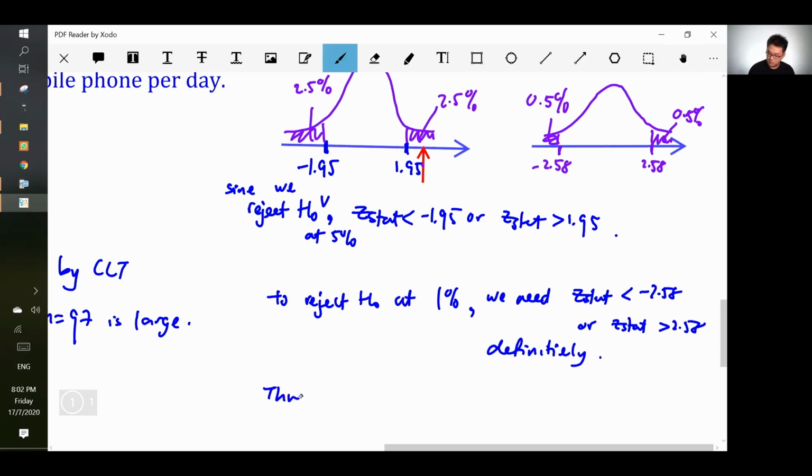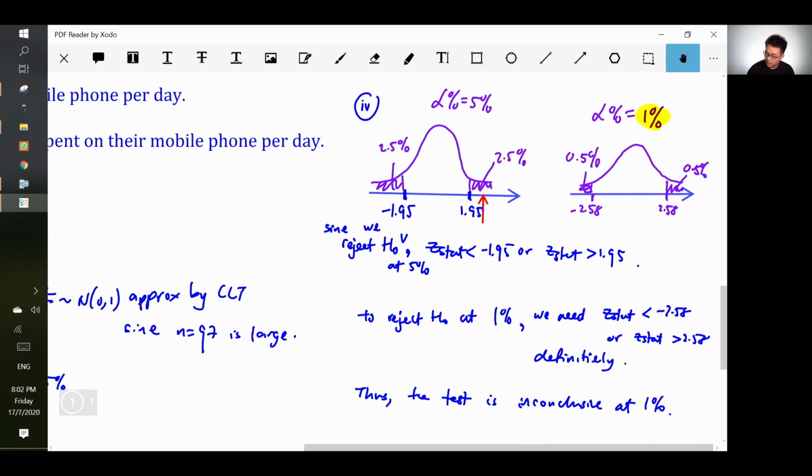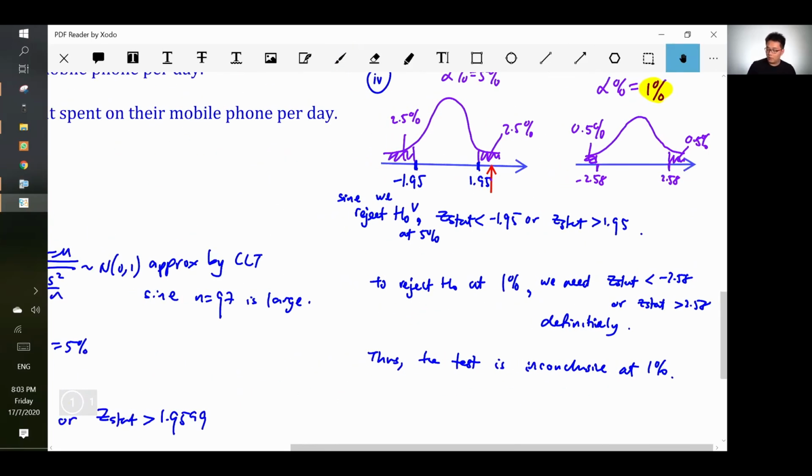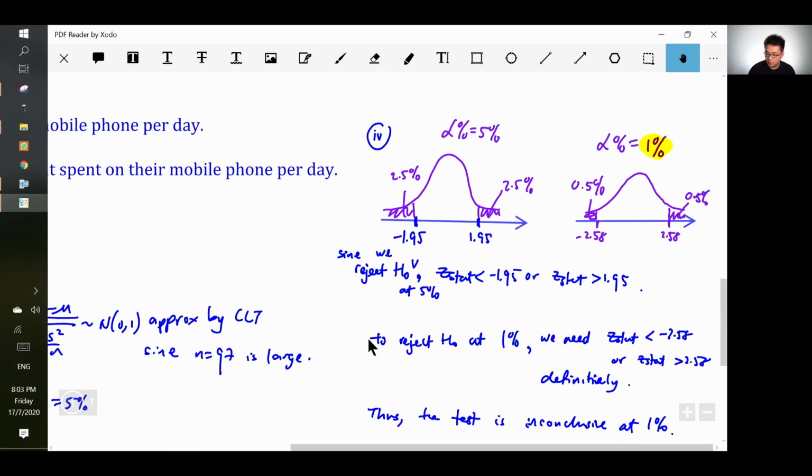Thus, the test is inconclusive at 1%. You cannot tell, because for all you know, z-stat can be 1.96, and 1.96 at the 1% level test will not reject, so it's about here. That's how you write if you want to use the z-stat way.